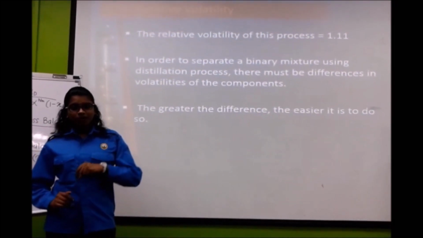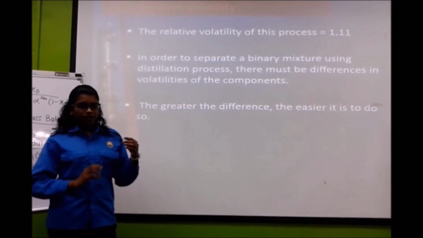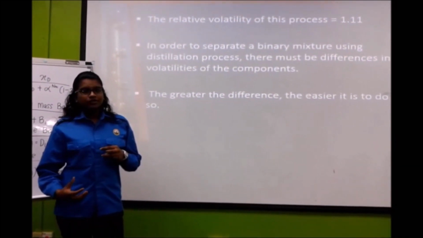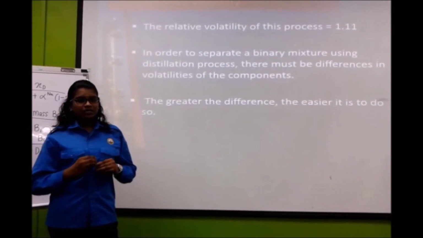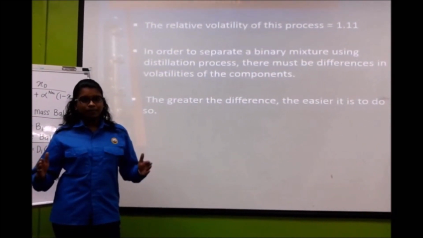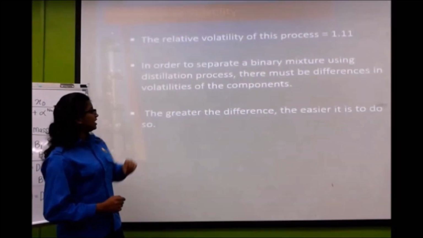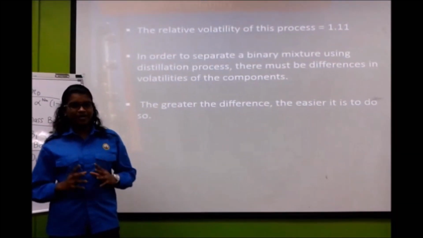When the volatility of a component is high, the boiling point will be low, so the process will take a longer time to be separated. So the greater the difference, the easier it is to separate.